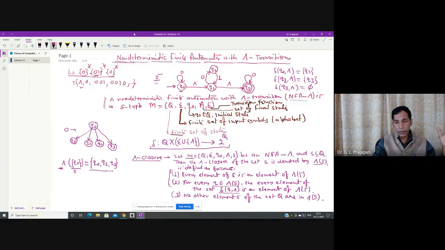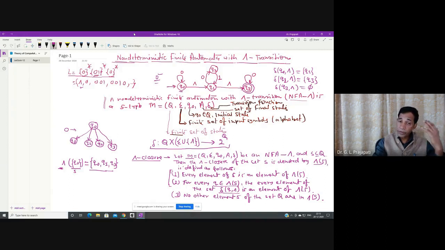Whenever you are at this state, you can also be at this state, or at this state. Once you are at Q0, you don't need to read the input. The machine may think, I will not read the input now, I will read later, and without consuming the input the machine can turn to Q1, and when at Q1, it can read the input and also go to Q2.